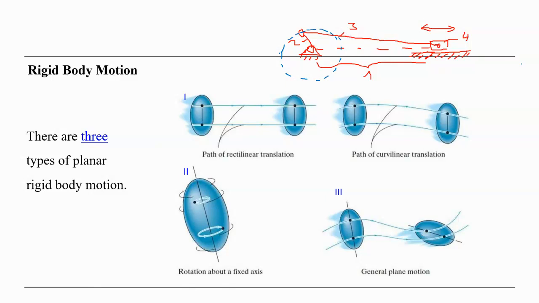And we know also this is a linear motion. And what about link 3? Link 3 undergoes general planar motion, like this here.